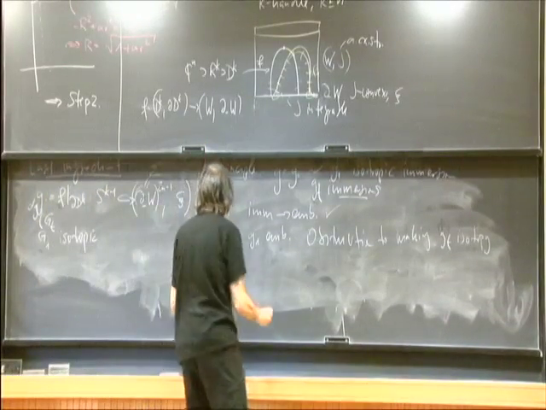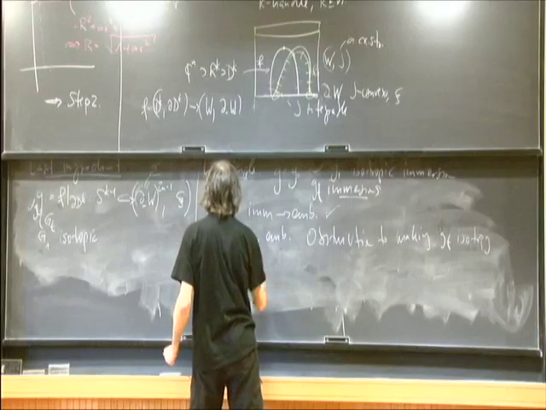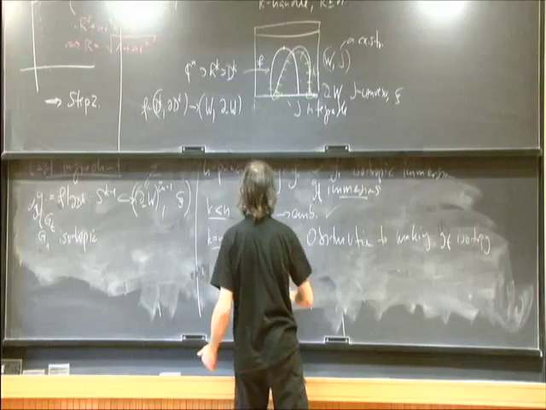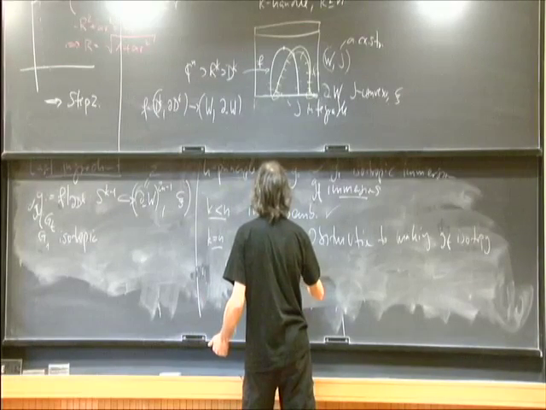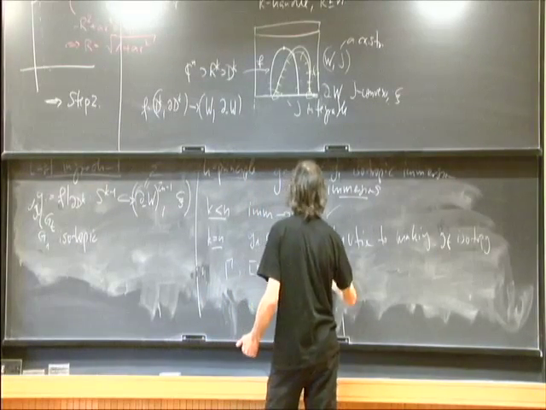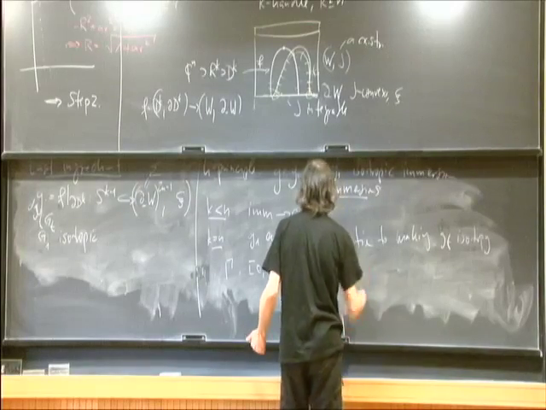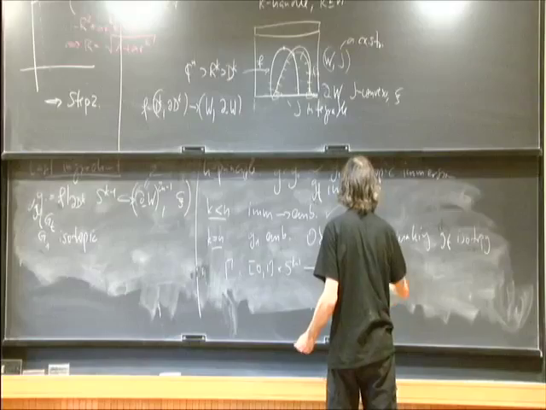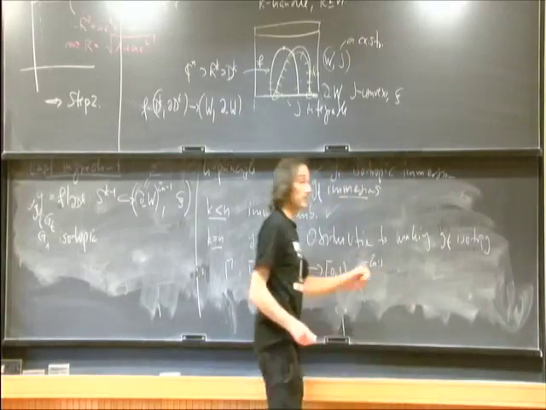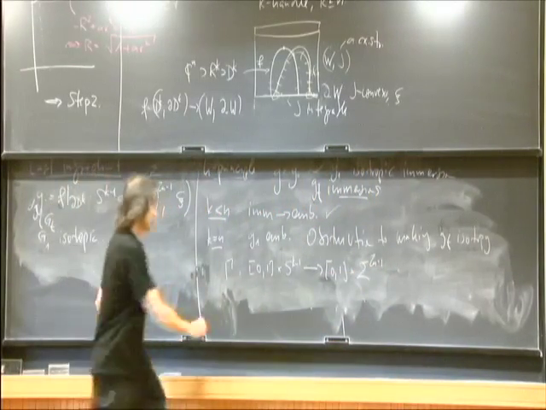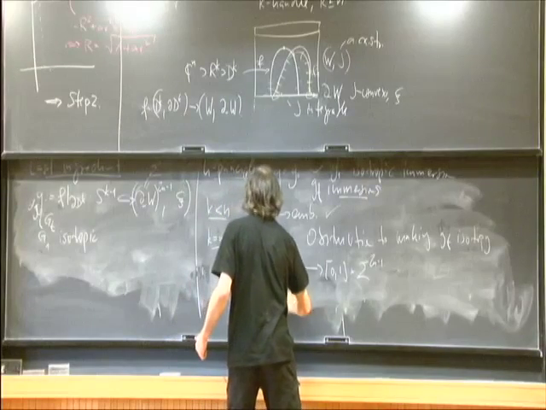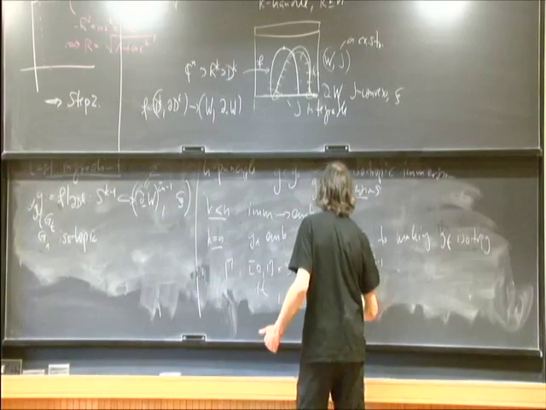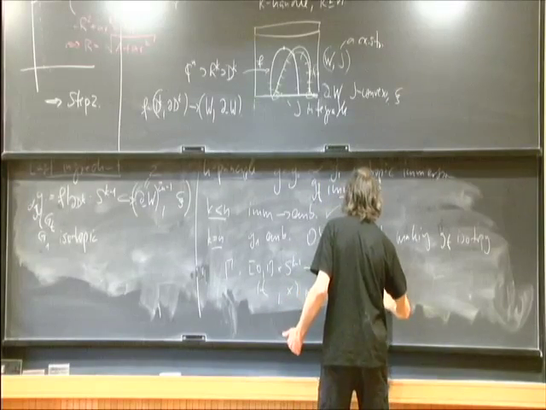And I'll finish today by stating this obstruction. This is the following. You define a map, let's call it capital Gamma, from the interval [0,1] times S^{k-1} to [0,1] times Sigma, which is 2n minus 1 dimensional, mapping each (t, x) to (t, g_t(x)).